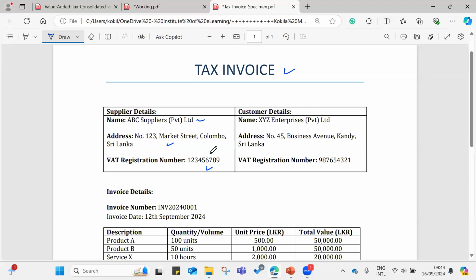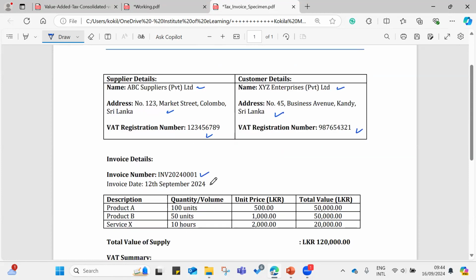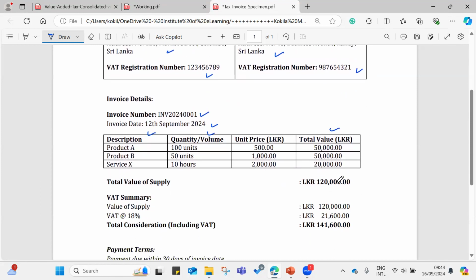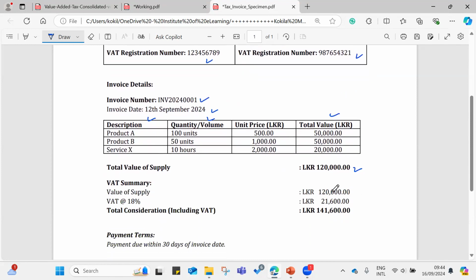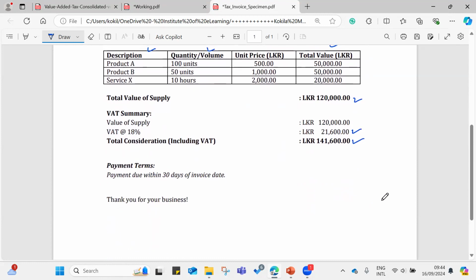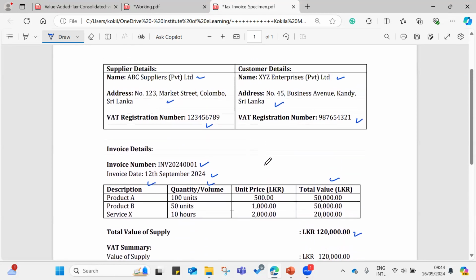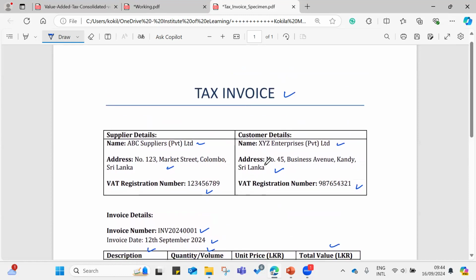And the customer's name, address, and VAT registration number, the invoice number and invoice date, the quantity and description, and the value, total supply value and VAT amount, and total consideration are there. Other than that, credit terms and anything else you can include if you wish. These are the basic, very important details you should include in a tax invoice.